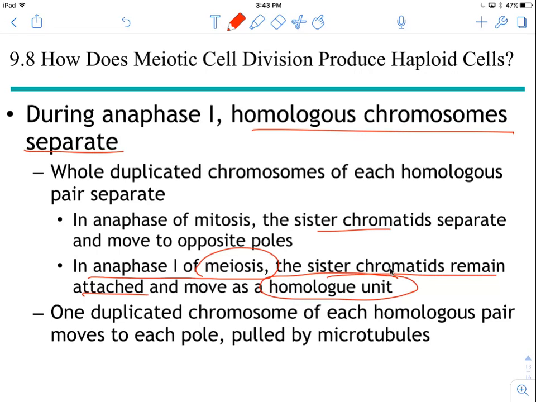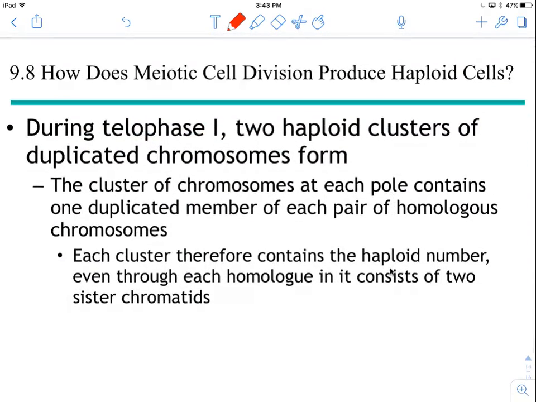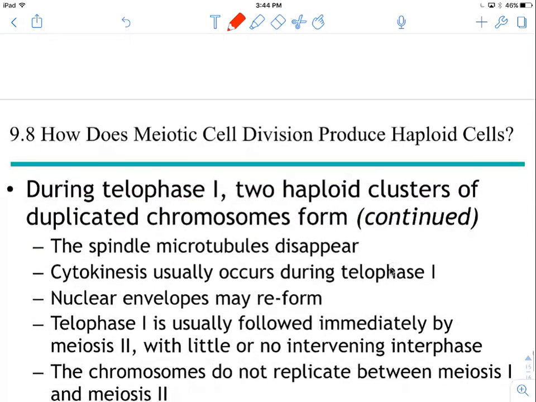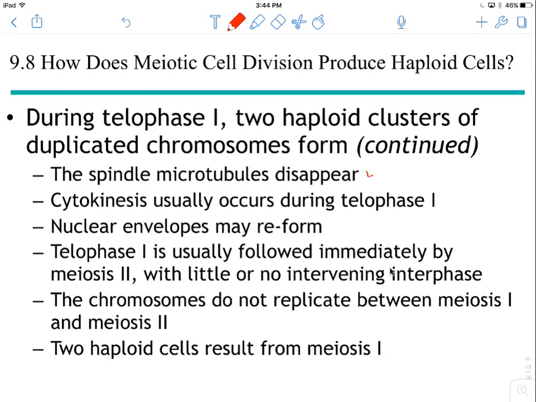So we'll talk about telophase I and then we'll again look back at the pictures. In telophase I, now we have two haploid clusters of the chromosomes at either end. They do kind of normal telophase stuff. The spindle fibers disappear, the chromosomes decondense a little bit, but they're going to immediately recondense. There's cytokinesis.